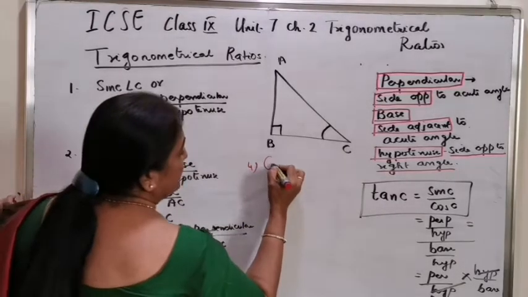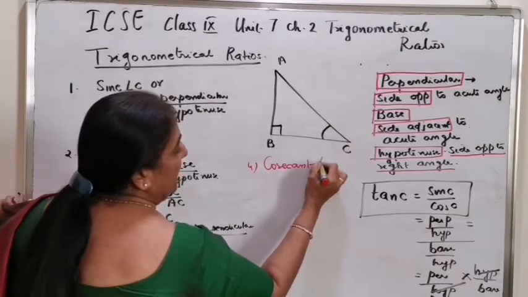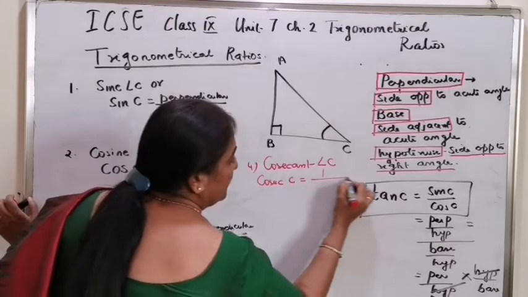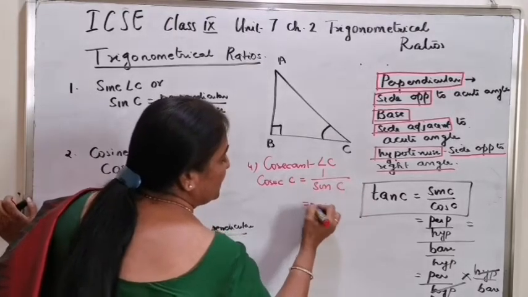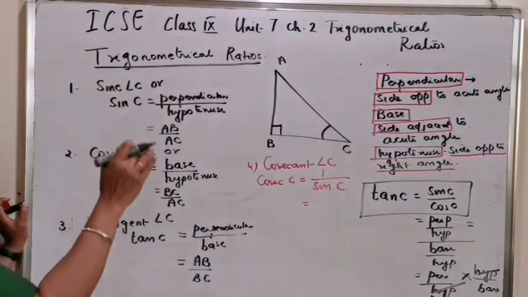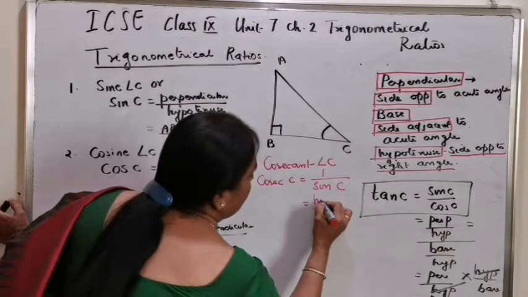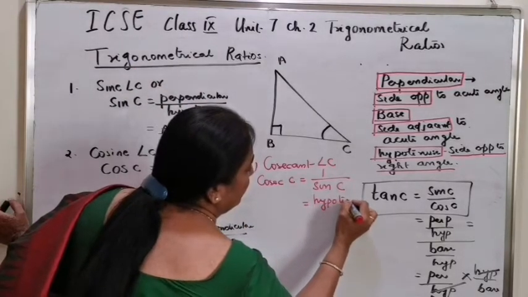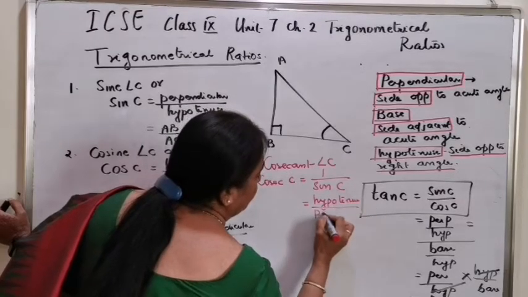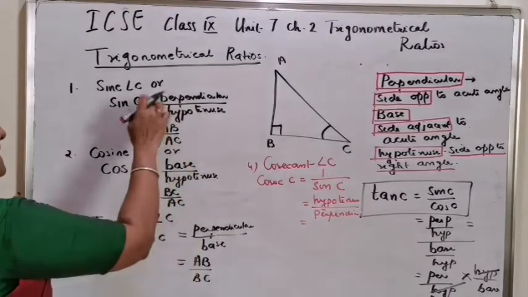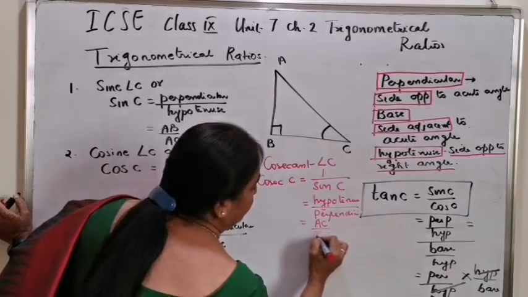The name is cosecant C, or cosec C, is the reciprocal of sine ratio, 1 by sine C, that is, it is hypotenuse by perpendicular, the value is AC by AB.